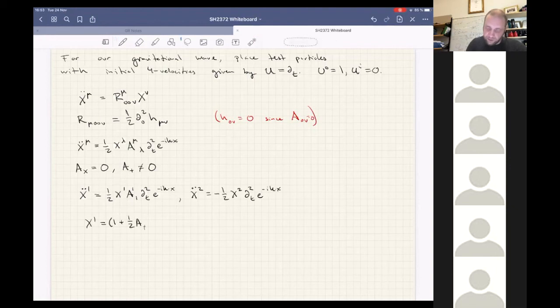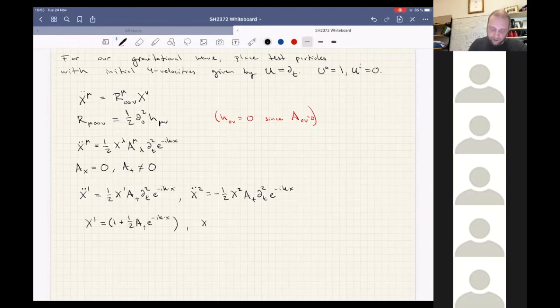There's an a22 missing here in this equation. No, it's actually a plus in both cases, sorry. So that's where the minus sign comes from. There should be a plus sign and a22 there, but since that is minus a plus, that's what we have there, and a11 was just a plus. So what we find is that we get a half a plus and then e to the minus I kx here.